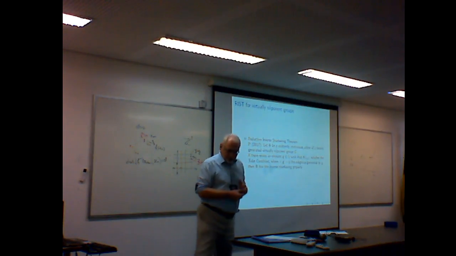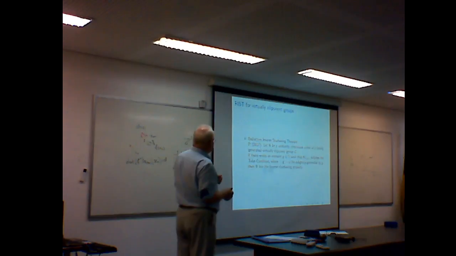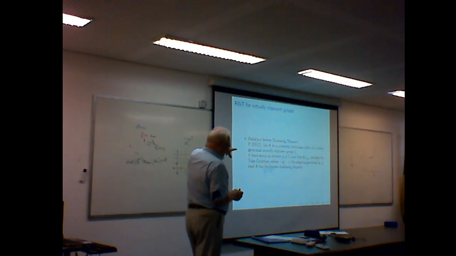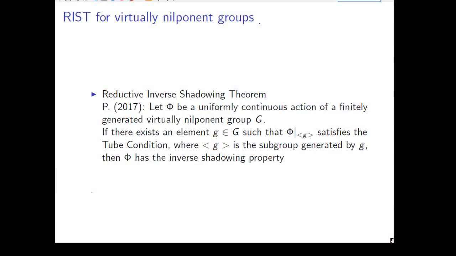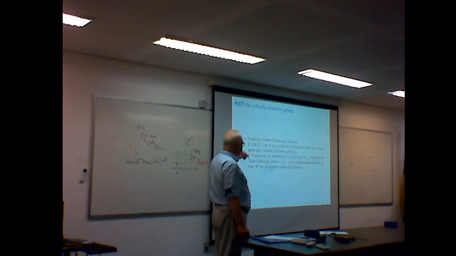And the inverse shadowing theorem, which I published recently, shows that, okay, let phi be a uniformly continuous action of a finitely generated virtually nilpotent group, and if there exists an element g in the group G such that the restriction of the action to the one-dimensional subgroup generated by g satisfies the tube condition, then phi has the inverse shadowing.